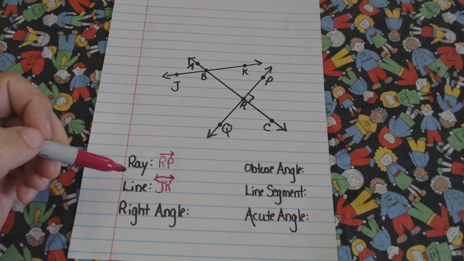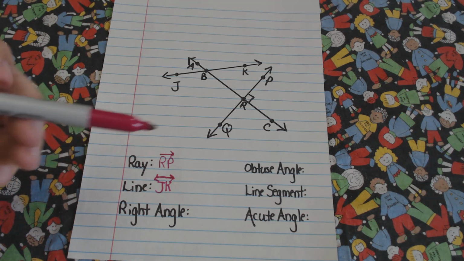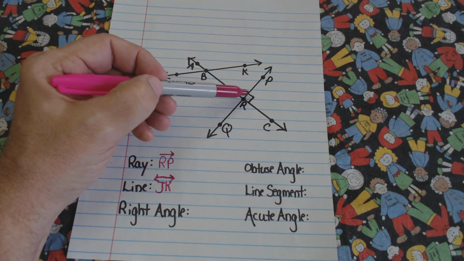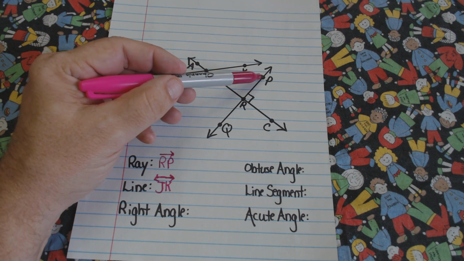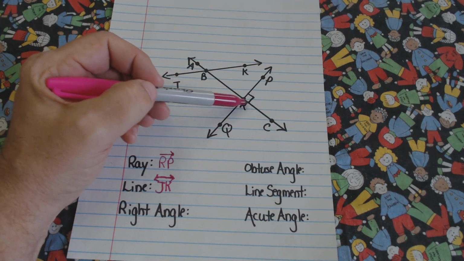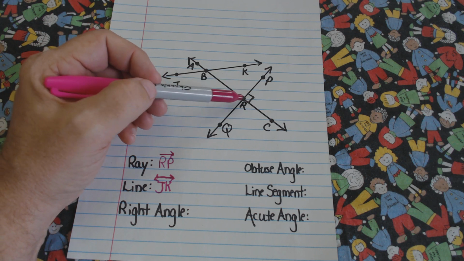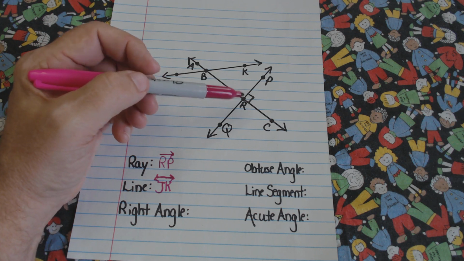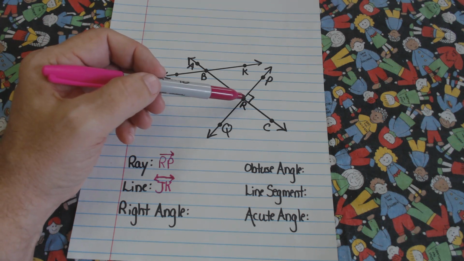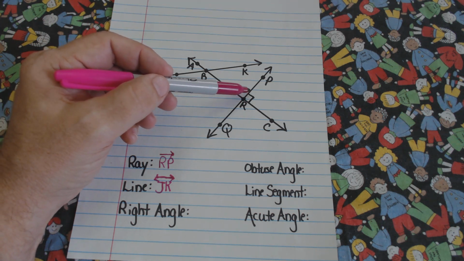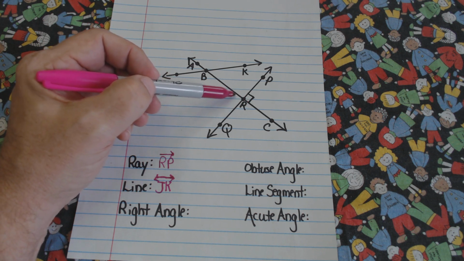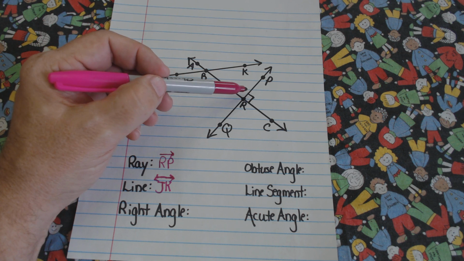What about a right angle? Well, we want to look for the symbol for a right angle, and that's this little square here. So we have angle PRC, or angle CRP, or angle R. But notice angle R gets a little tricky. This is why I caution not using just the vertex, because angle R is here, but angle R is also here, and it's also here, and it's also here.